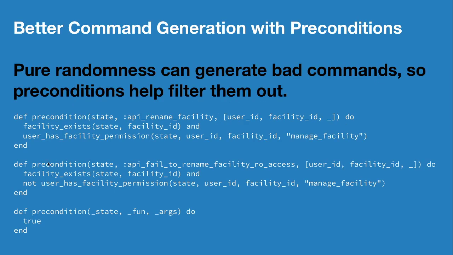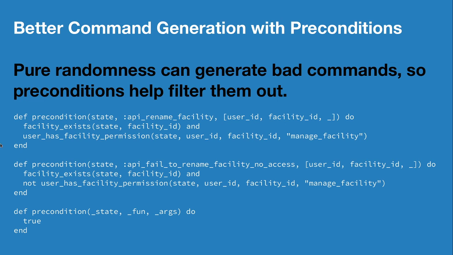In addition to that, we get better command generation with preconditions. So we have pure randomness, but sometimes what we need is some existing state and extra checks. One of the big ones that comes into play for a web application like this is access checks.